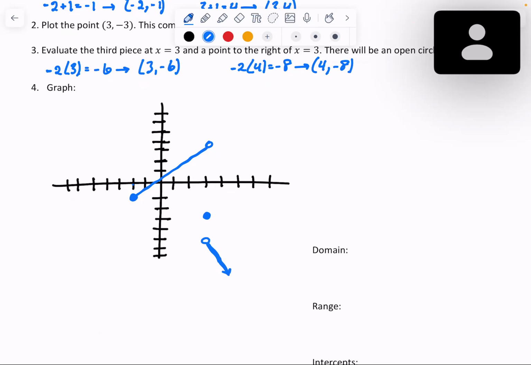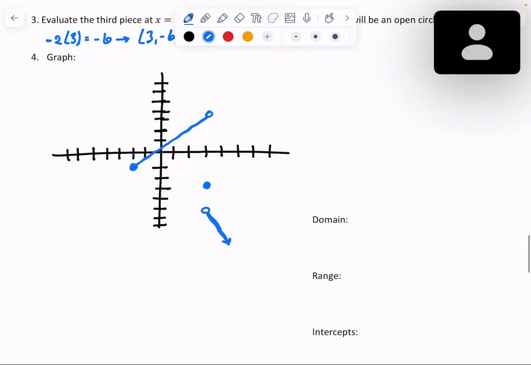So now in this case, what's the domain? What's the smallest value of x I can plug into that piecewise defined function? What do you think? If I'm going from left to right, what's the smallest value of x?